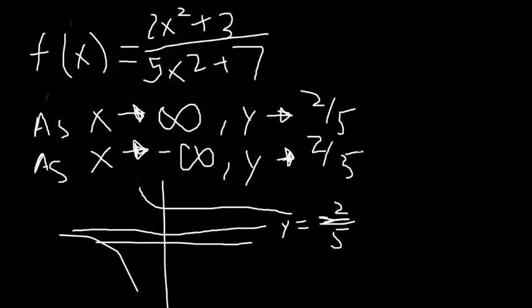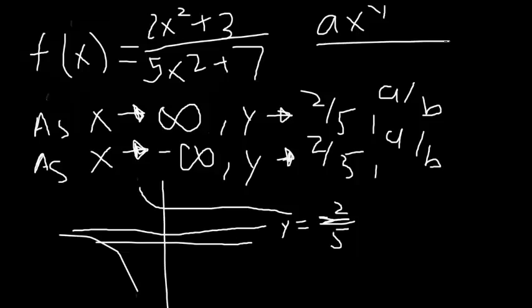But for any expression, function like this, it's just going to be A over B, where it's Ax to the some power over Bx to the some power, and some junk on the end of these, but that doesn't matter.